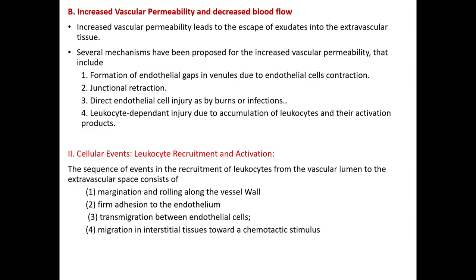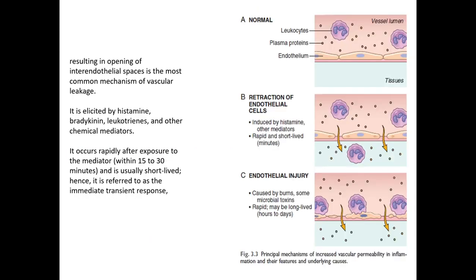We have the cellular events, which are leukocyte recruitment and activation. The sequence of events in the recruitment of leukocytes from the vascular lumen to the extravascular space consists of: number 1, margination and rolling along the vessel wall; number 2, firm adhesion to the endothelium; number 3, transmigration between the endothelial cells; number 4, migration in the interstitial tissue toward the chemotactic stimulus.